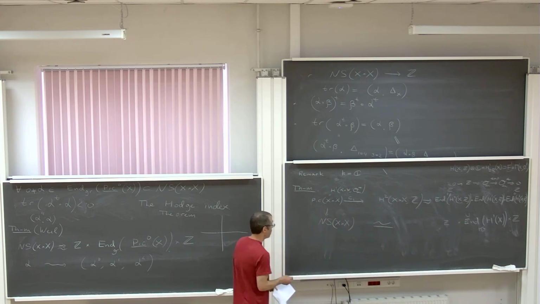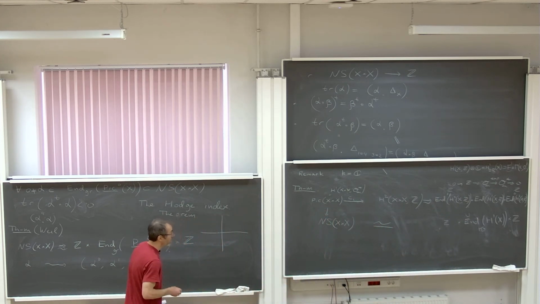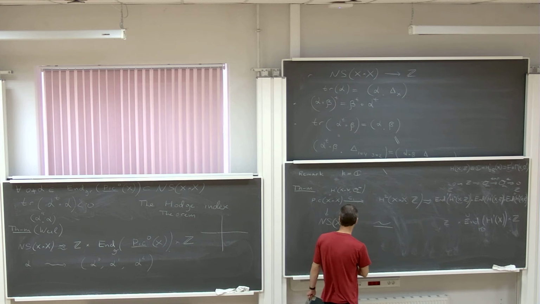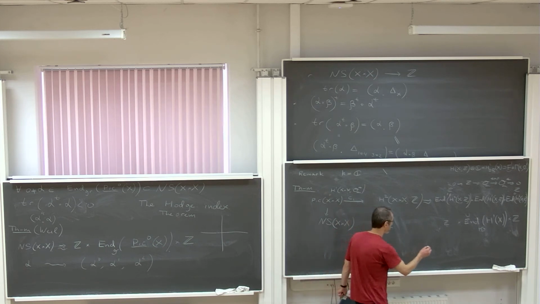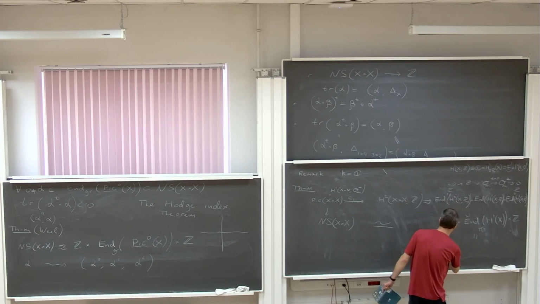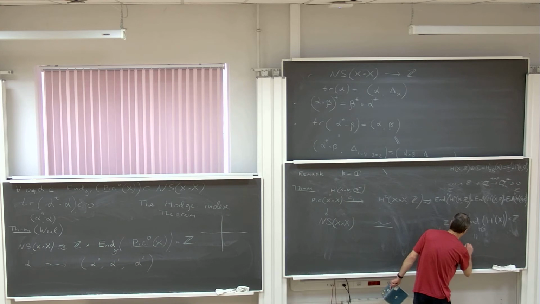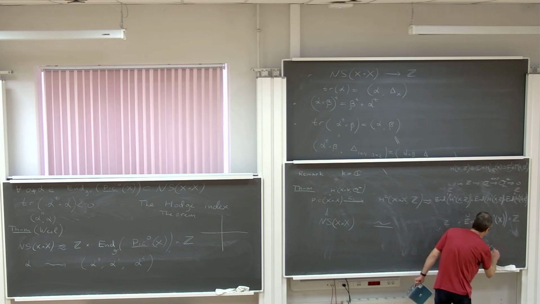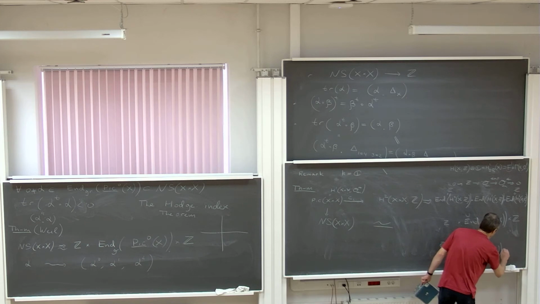And the second part of this theorem is that this is Z times the group of endomorphisms of the Picard P0.